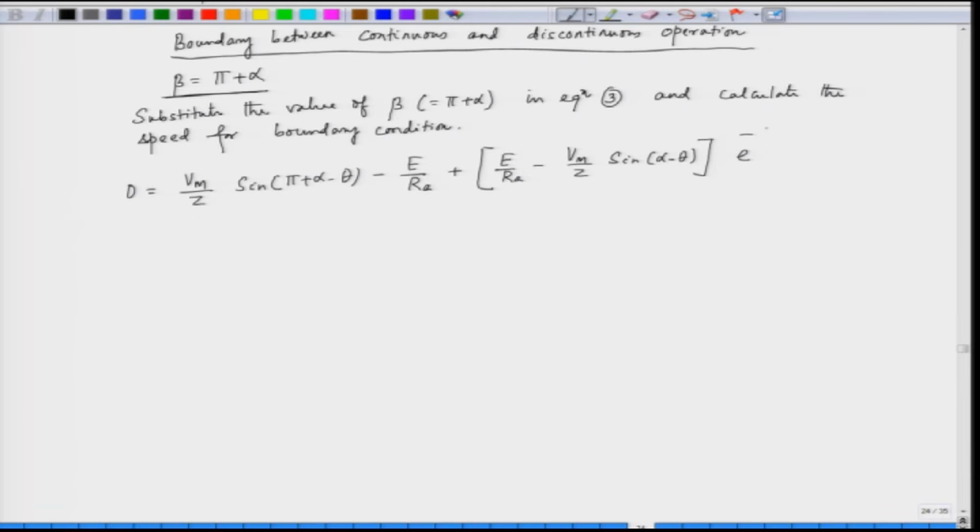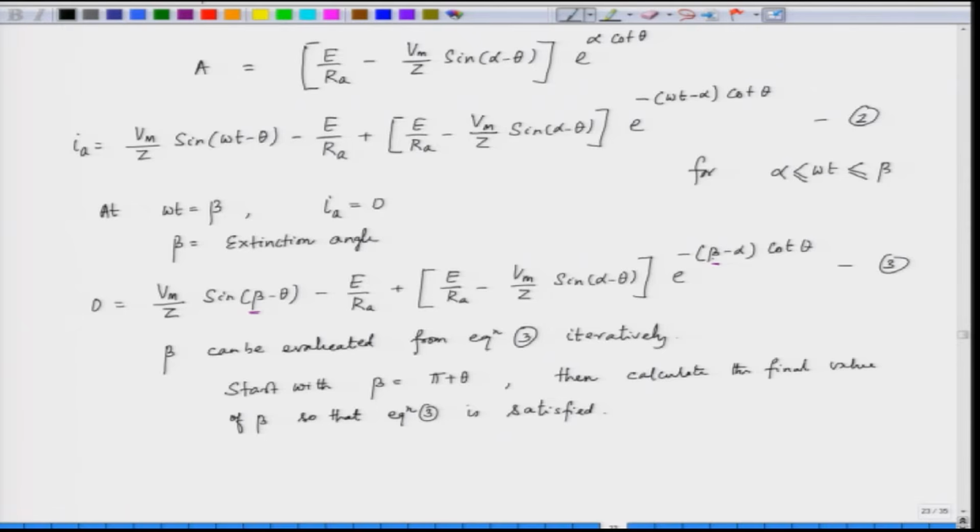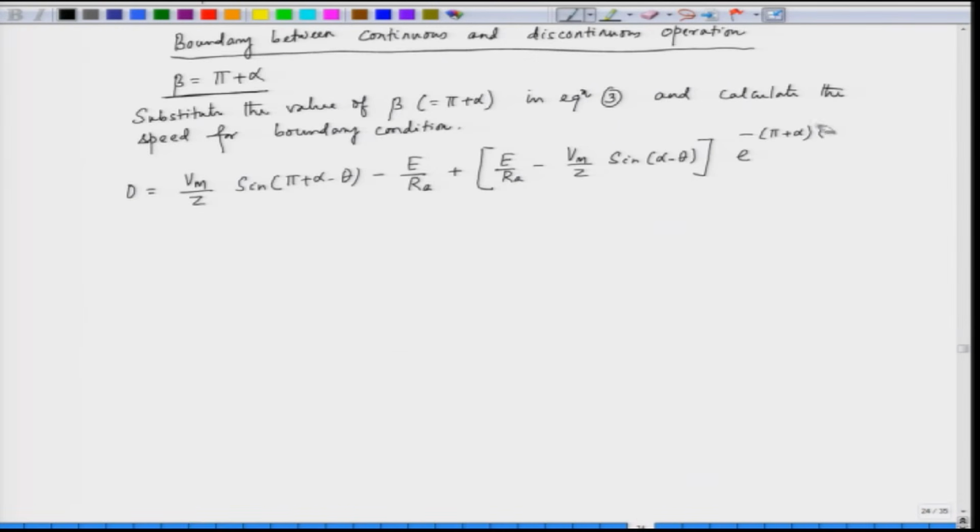So, that is minus pi plus alpha into, we can substitute the value here and then get the boundary condition. So, this is beta minus alpha. We are substituting beta by pi plus alpha, so alpha alpha will cancel. What we get here is minus pi cot theta. So, exponential minus pi cot theta. This is the condition for which there is a boundary between the continuous operation and discontinuous operation.